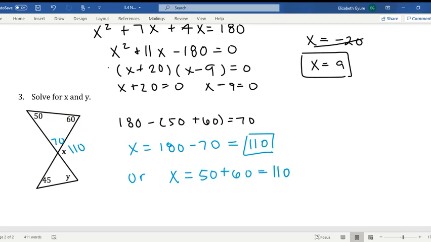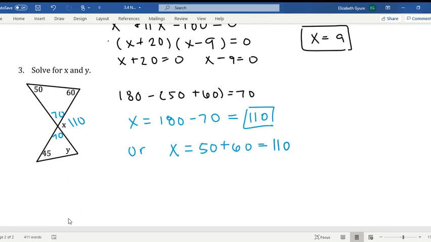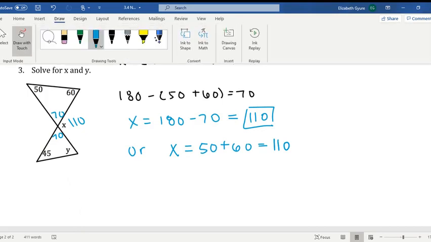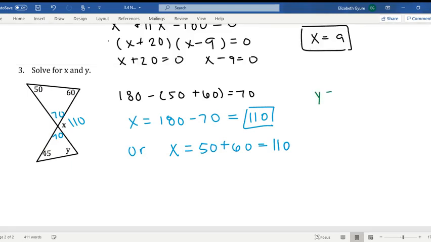So you have vertical angles here. So this angle would also be 70. And then all three interior angles have to add to be 180. So that would definitely work. So you could do y equals 180 minus what you have so far, which is 45 and 70. And you said that would give you 65?